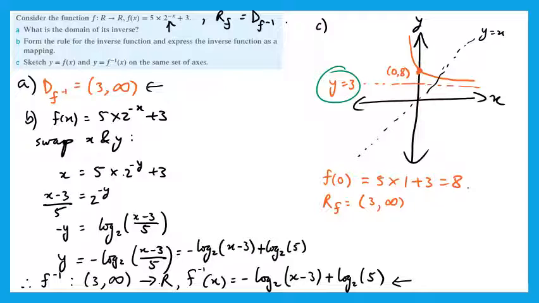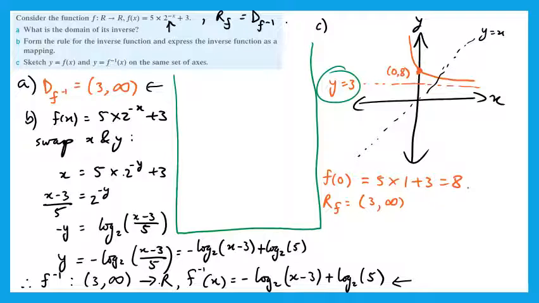I don't know if I crossed there actually. Let's have a look. Let's firstly work out where they intersect. That would be a good one to do. So if we have 5 times 2 to the power of negative x, plus 3, equal to negative log 2 of (x minus 3) over 5.